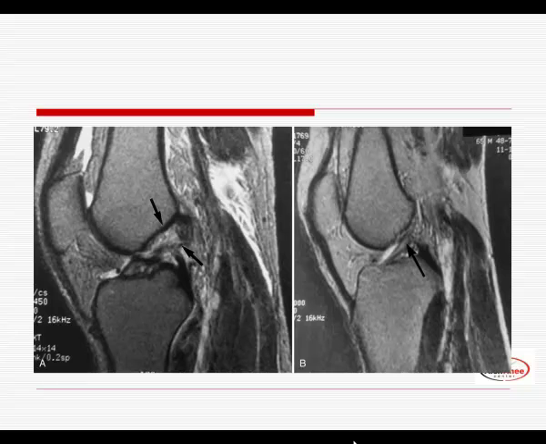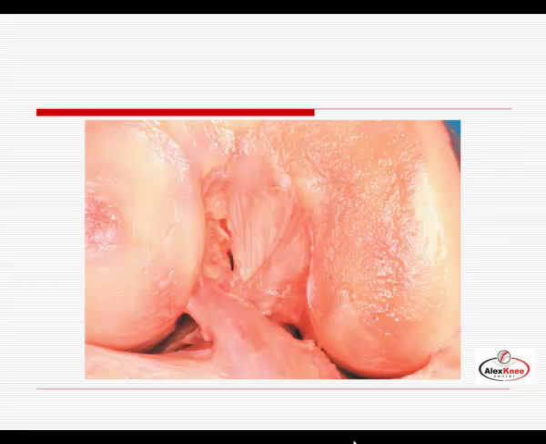This is a sagittal MRI picture that shows rupture of the anterior cruciate ligament. And here you can note the origin of the anterior cruciate ligament from the distal femur. See how distal is the origin from the medial aspect of the lateral femoral condyle, and it courses anteriorly and medially to be inserted into the intercondylar area of the tibial plateau, as you can see.